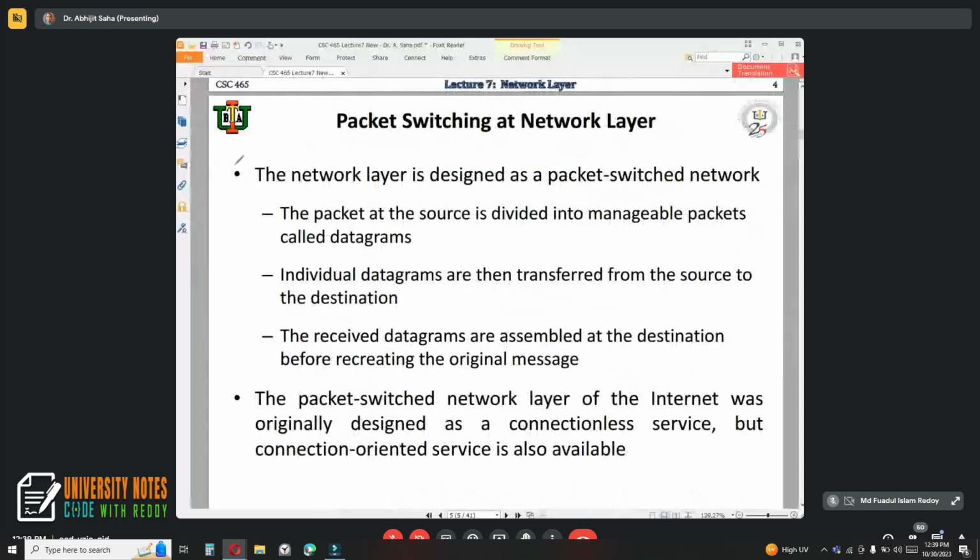So this is a summary of what we have discussed till now in the previous two slides. The network layer is designed as a packet switch network. The packet at the source is divided into manageable packets called datagrams. Individual datagrams are then transferred from the source to the destination.